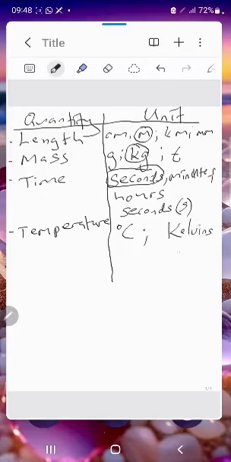But the standard international unit for temperature is kelvins, not degrees Celsius. And the symbol for kelvins is capital letter K.